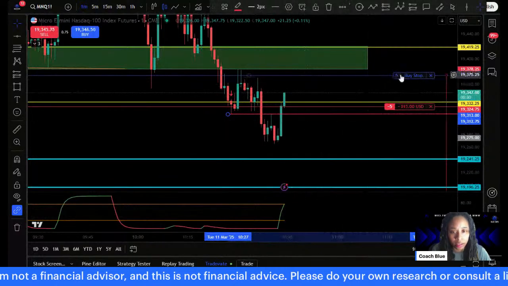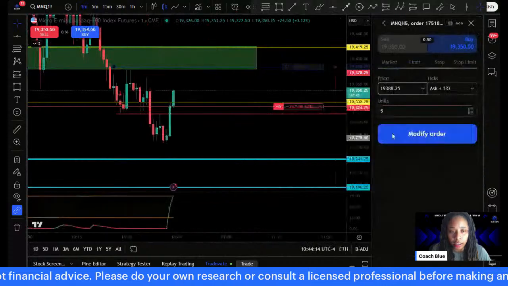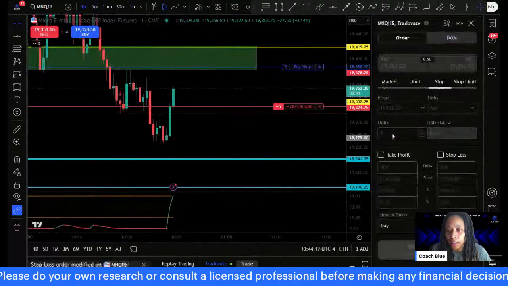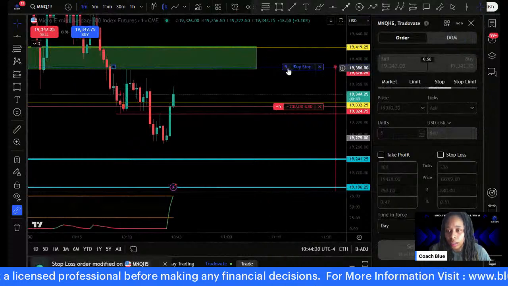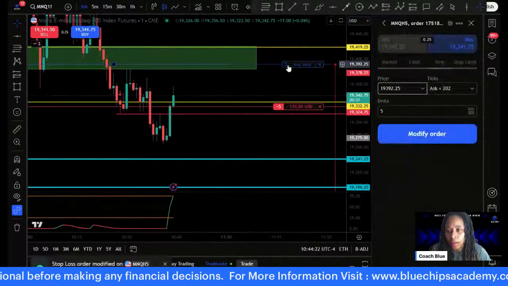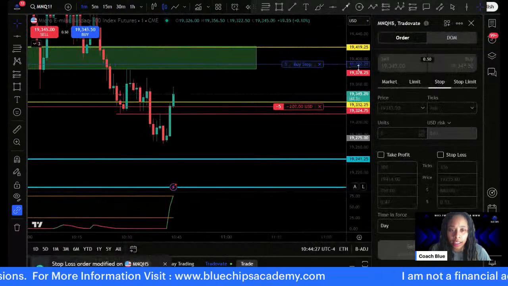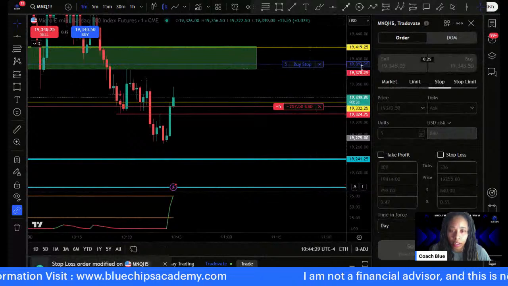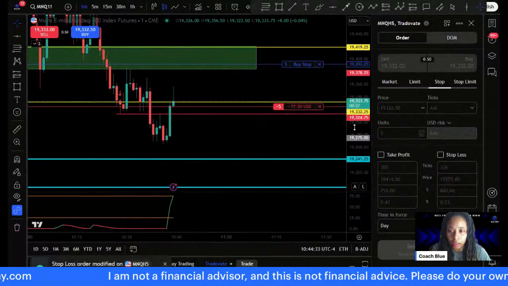Let me move my stop a little bit, guys. Let me move it up just a little bit because I don't want to get stopped out. At this 19,392 level, I moved my stop to 19,392 just to give it a little more space.